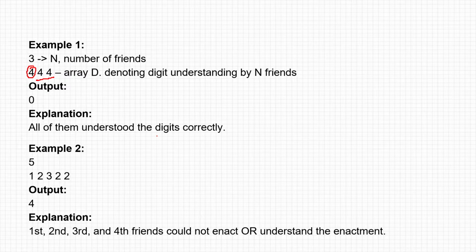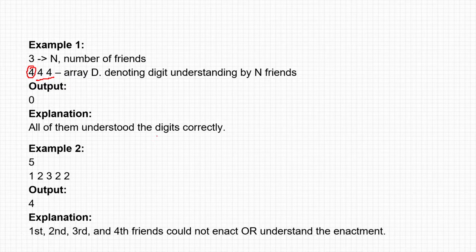Second example. There are 5 friends including Alice, and Alice is giving number 1, but one friend didn't understand what Alice gave and didn't write it properly. He's written 2, the third person has written 3, and the fourth and the fifth persons have written 2. So what is the difference?